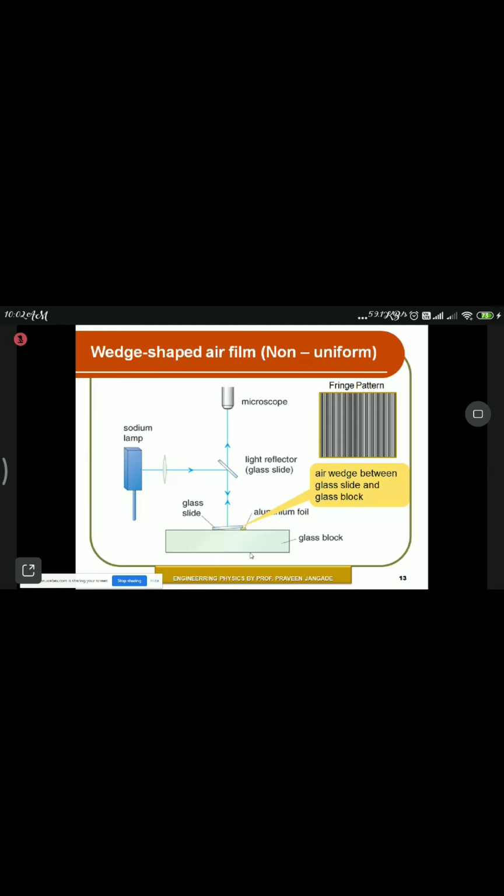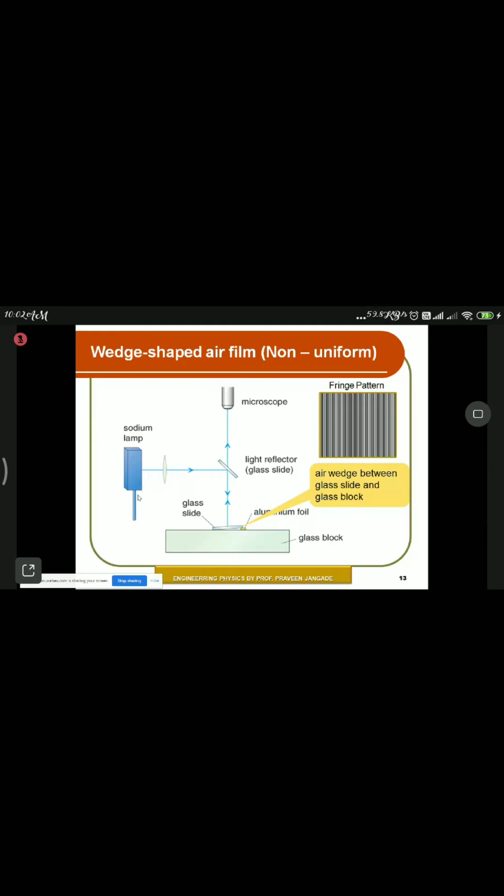Then another part of this setup is the sodium lamp. The sodium lamp has been considered as a source of monochromatic light, which means it emits a beam of light with a yellow color. This yellow beam of light is incident from the sodium lamp in a broad manner.